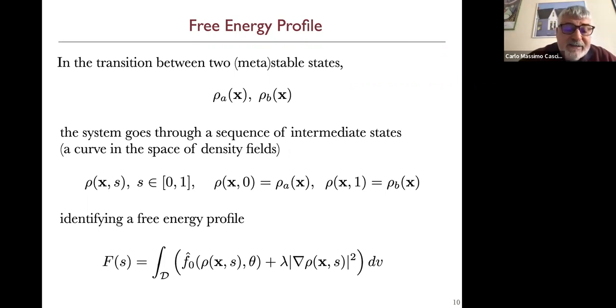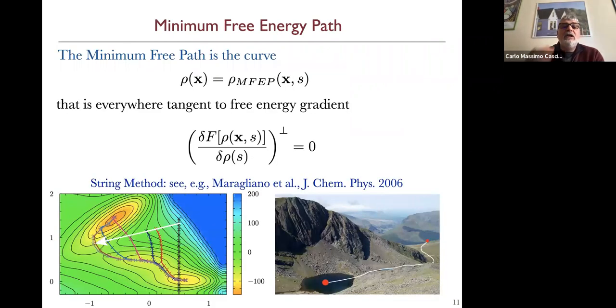Along one of those paths, you can build a free energy profile. So at each given position S along the progress of the reaction, you have attached to it a value for the free energy. So you have F as a function of S, which we call the free energy profile. Then what we are interested in is what is called the minimum free energy path. So this is the particular curve such that the path is everywhere tangent to the free energy gradient.